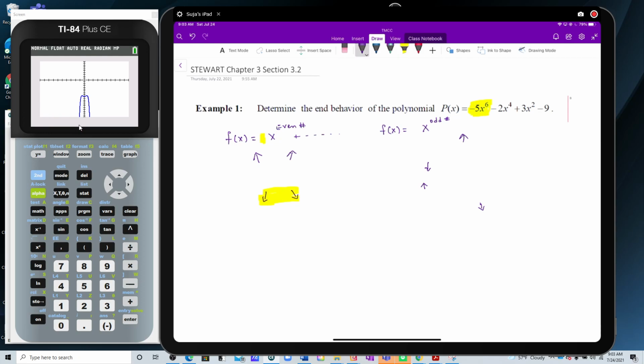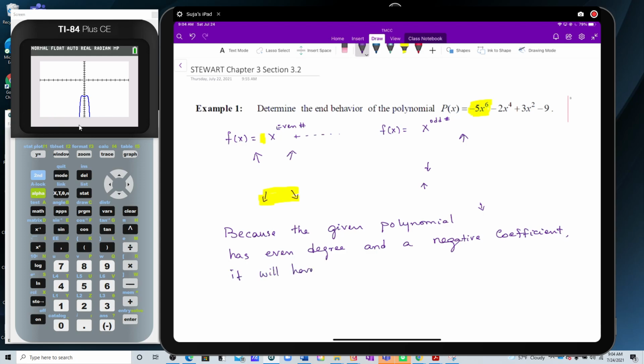I can say that because the given polynomial has even degree and a negative coefficient, the coefficient being the number attached to the variable term, it will have the following end behavior.